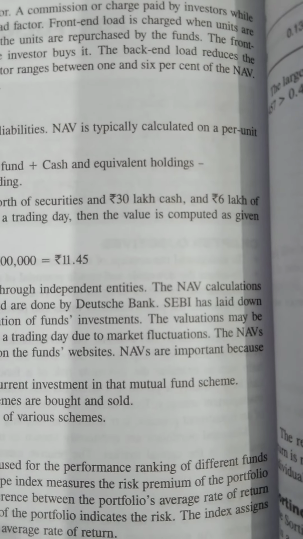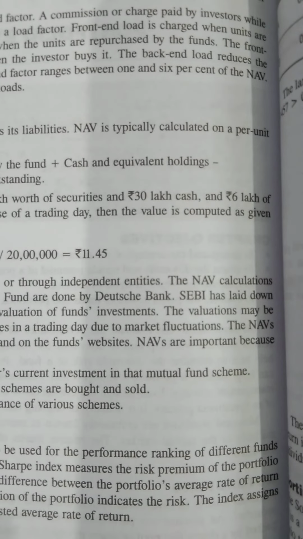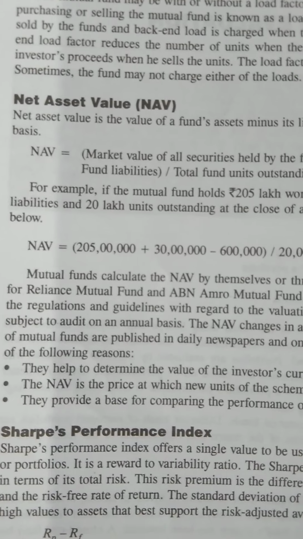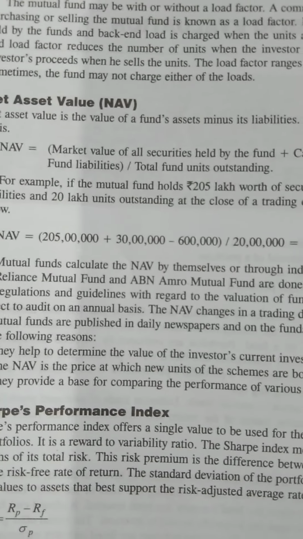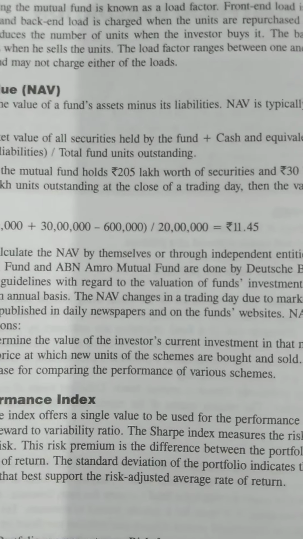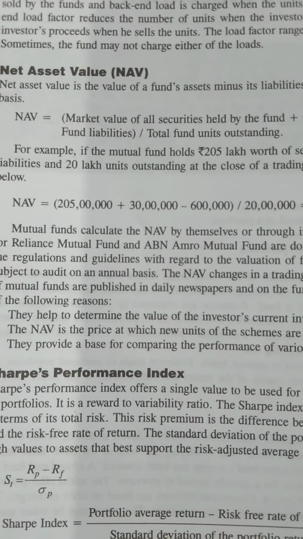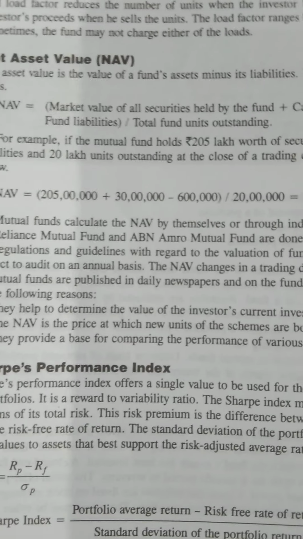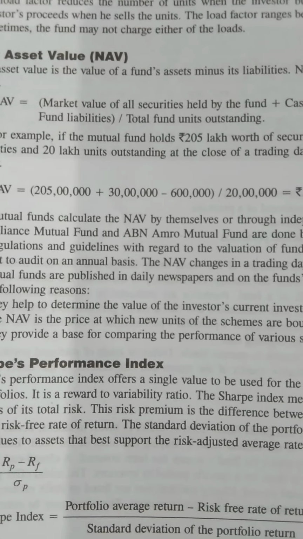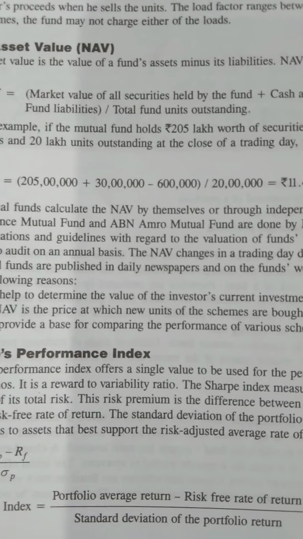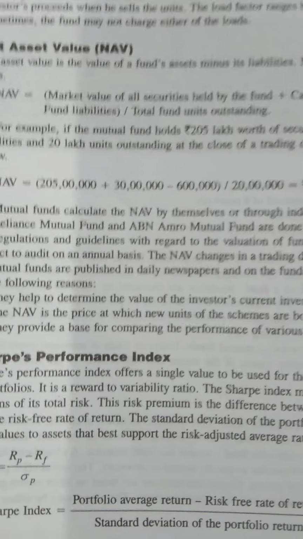NAV is typically calculated on a per unit basis. NAV is equal to the market value of all securities held by the fund plus cash and equivalent holdings minus fund liabilities, divided by total fund units outstanding. Outstanding here means the number of units held.